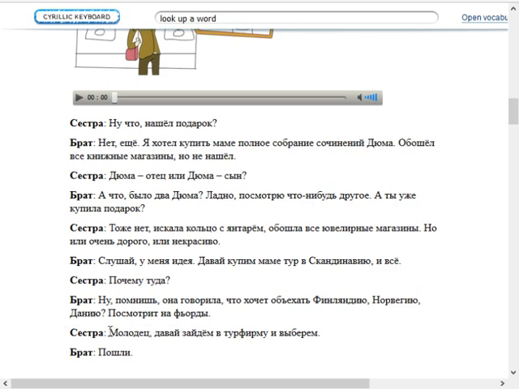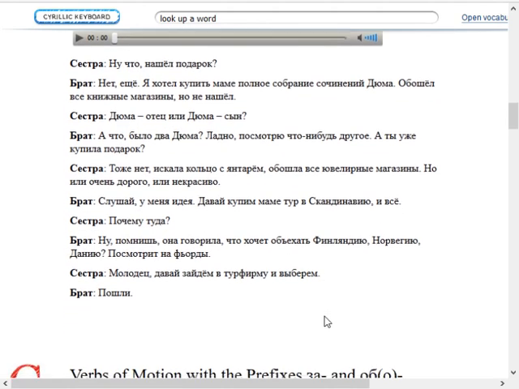So, молодец, good job. Давай зайдем в турфирму. Let's go to a tour firm, like a tourist agency. И выберем, and choose the vacation.